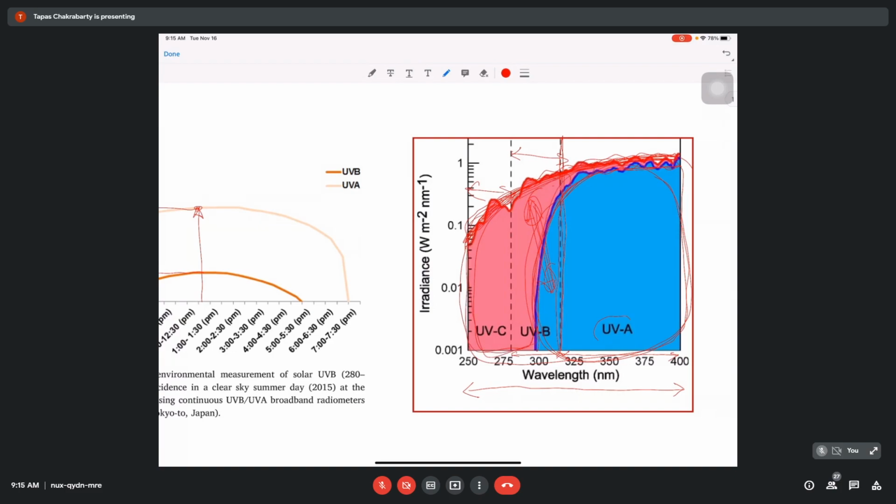Blue is for normal sea level, and red is for high altitudes. Red means this whole region, which is available when you go to high altitude. By this red, it wanted to indicate that this part of the solar radiation, which is emitted by the sun, is not available in the troposphere. Did you get that?